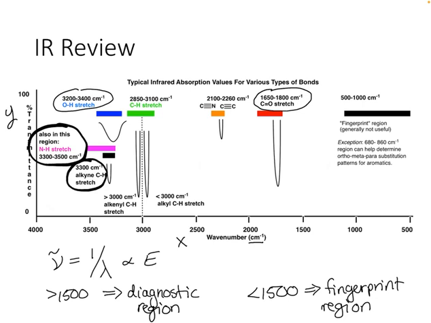Now around 2850 to 3100 inverse centimeters is where we'll see other carbon-hydrogen stretching, and where it's exactly positioned depends on whether you have an sp3 hybridized carbon, an sp2 hybridized carbon, or an sp hybridized carbon. So we'll talk a little bit more about that as well.